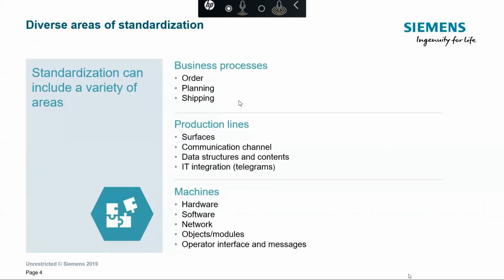Throughout this session, towards the end of the session, I'll be concentrating a little more on what standardization possibilities we have from the TIA portal portfolio, and as well as what standardization possibilities you have as a programmer of an automation system. But before diving into that, I would like to highlight, the possibility of standardization exists not just in your programming.